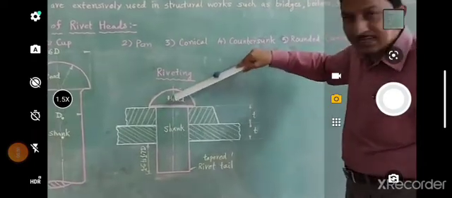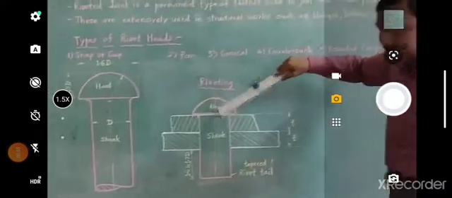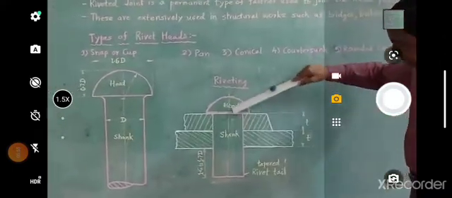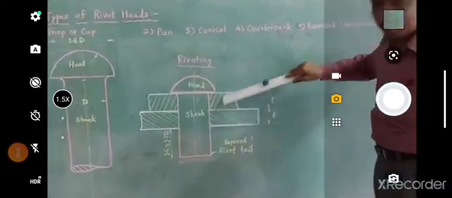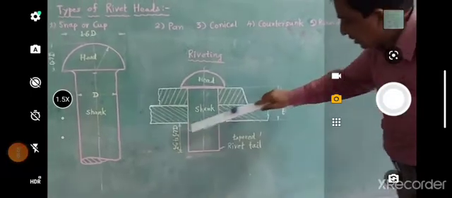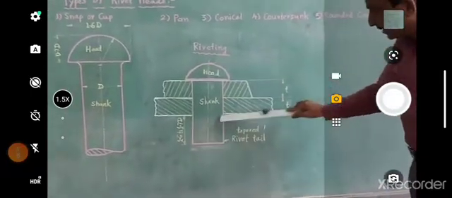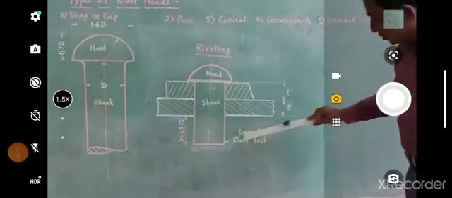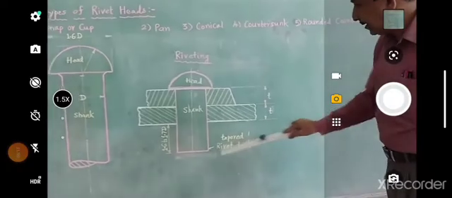Then we insert the shank portion of the rivet. It should pass through these two plates. Here we can see an extra portion, which is called the tapered rivet tail.